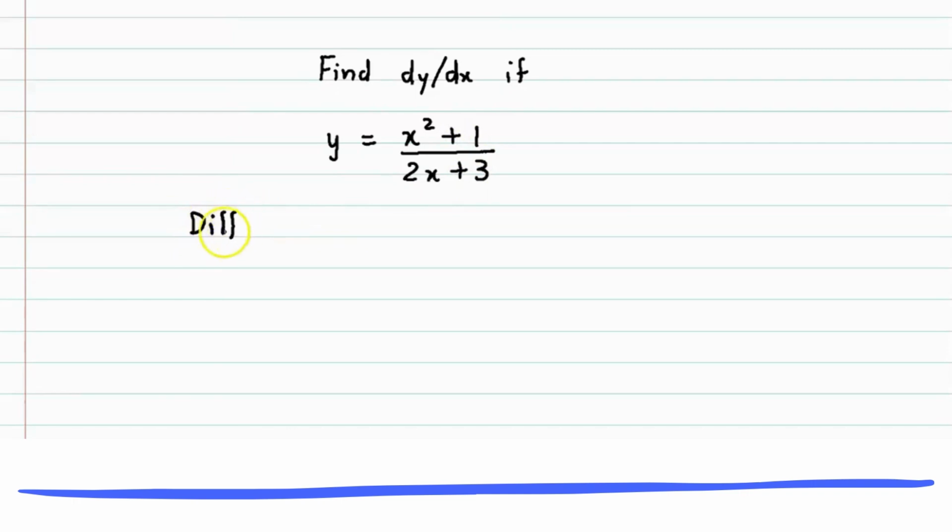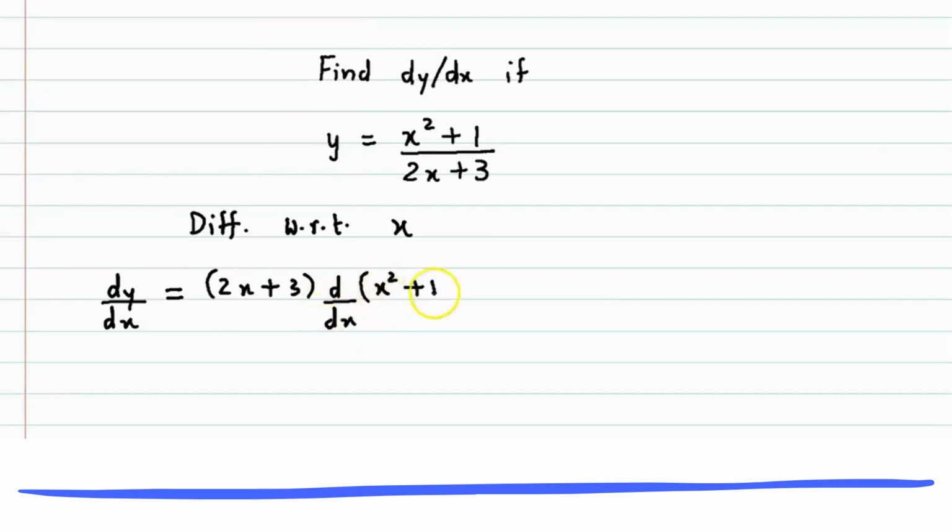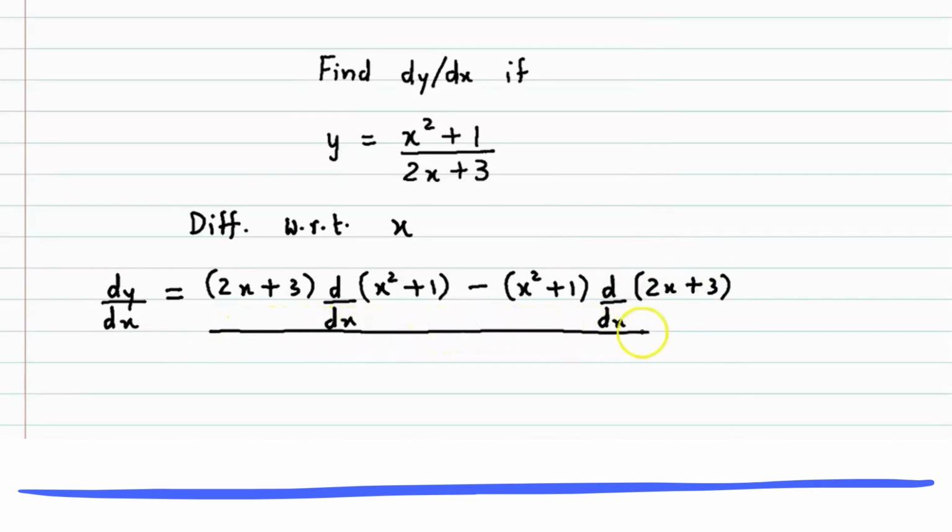So differentiating with respect to x, we get dy by dx is equal to, we begin with the denominator, so we have (2x plus 3) into derivative of numerator, that is derivative of (x square plus 1), minus the numerator, that is (x square plus 1), into derivative of denominator, that is (2x plus 3), divided by the denominator square, that is (2x plus 3) the whole square.